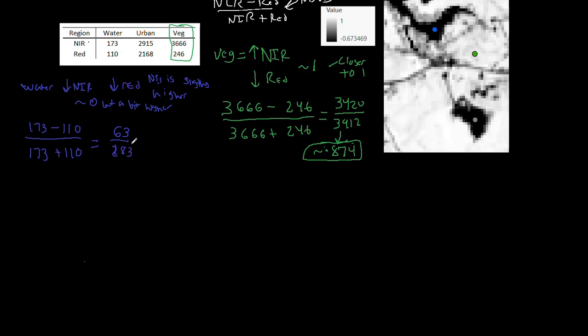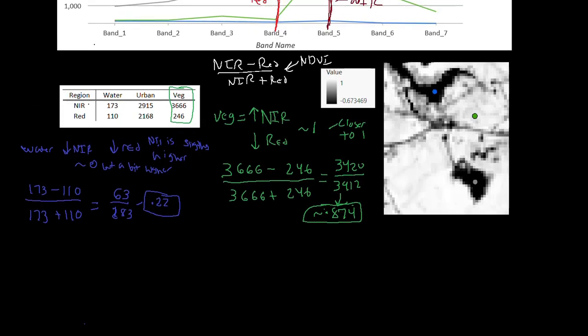And if you do that math, you get approximately 0.22. So this is actually closer to 0 than the vegetation is.